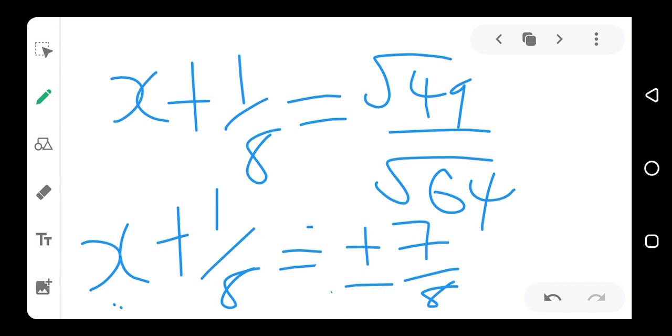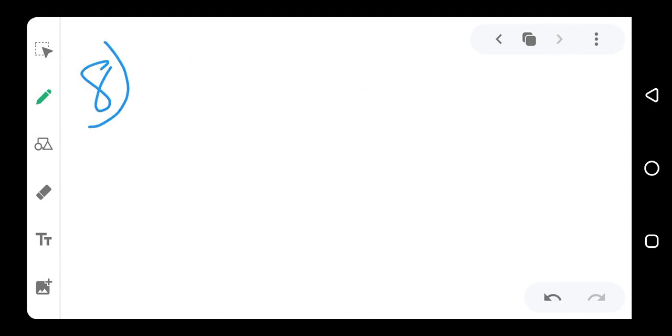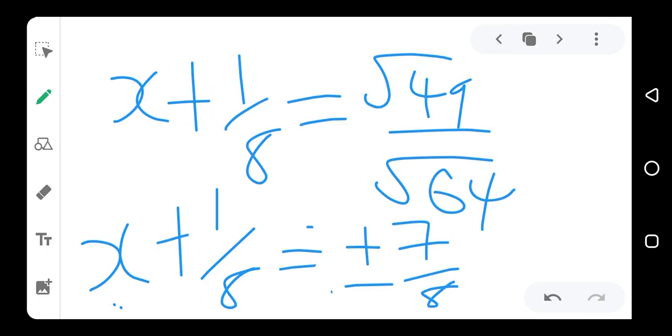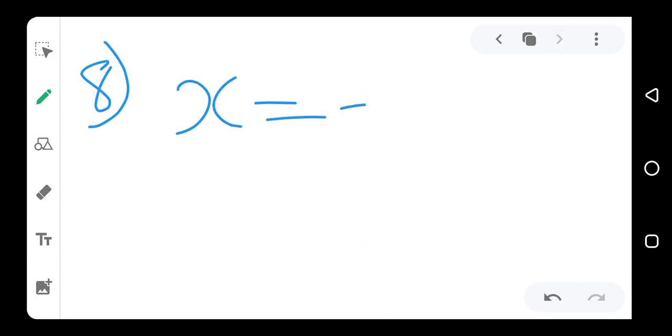Now to make x the subject of the formula, we have x, and this is plus 1 over 8. If it is moving to this side, it becomes minus. Place it before the value that has plus and minus. So it becomes minus 1 over 8 plus or minus 7 over 8.